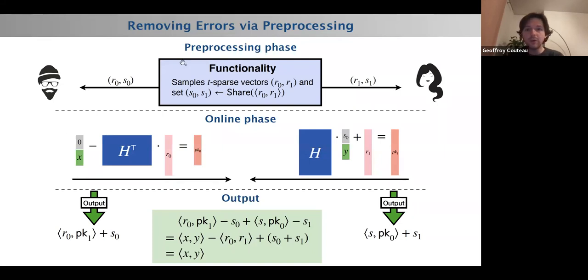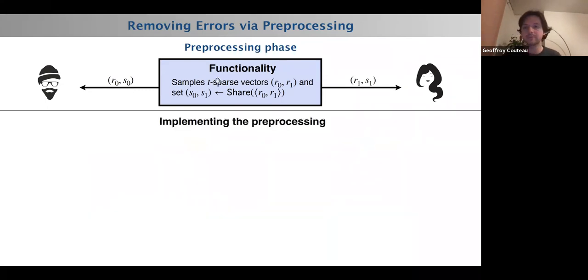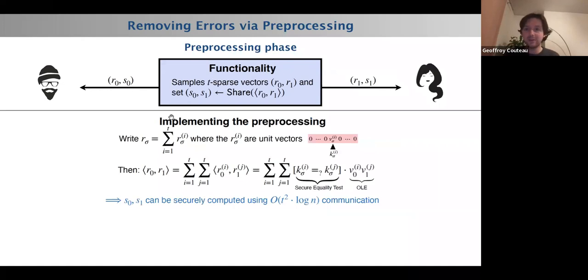So if the parties already have additive shares of R0 and R1, by adding these additive shares to their output, they can just cancel this noise and obtain noise-free output. So the only thing they need, prior to executing the online phase, is to obtain via this preprocessing functionality shares of two sparse vectors together with the corresponding sparse vectors. And the cool thing about that is that if you just open what a sparse vector is, this can be done with very low communication.